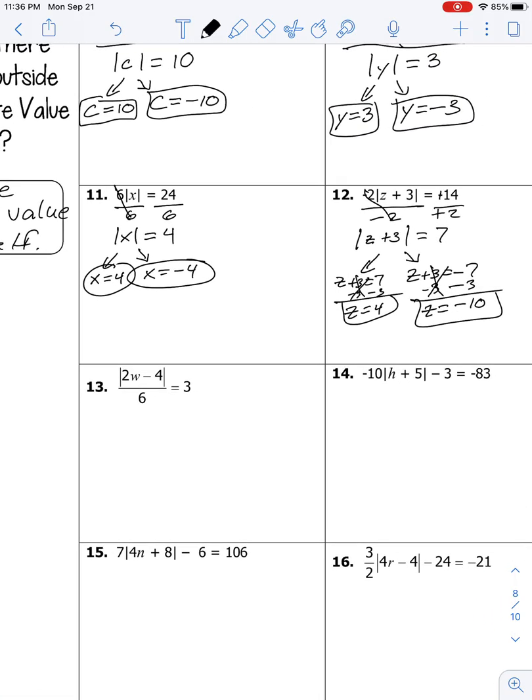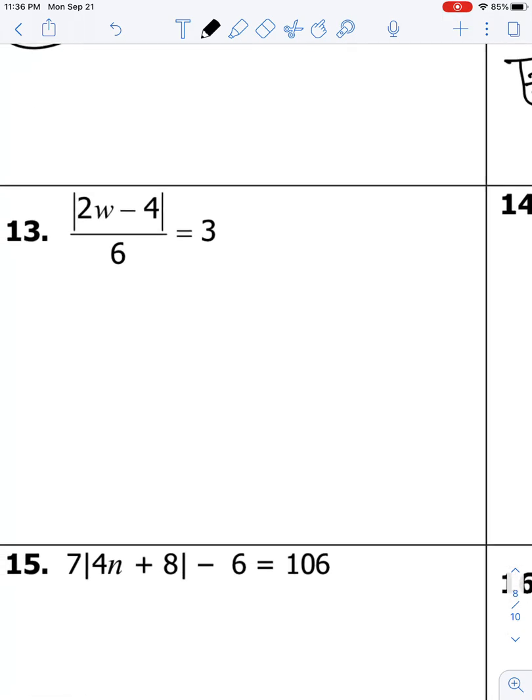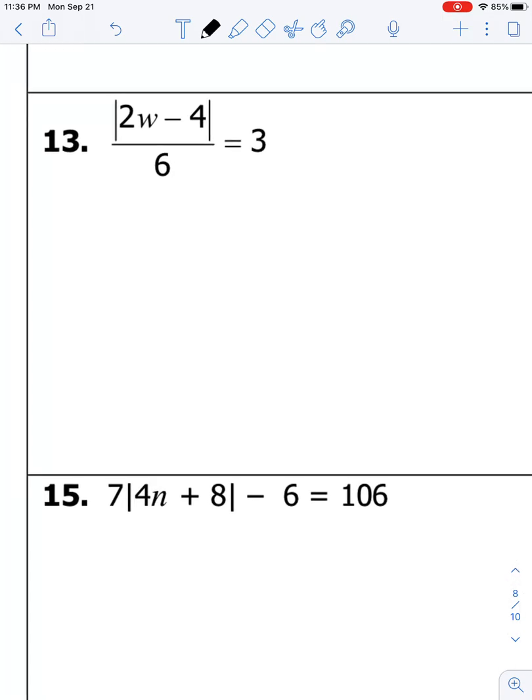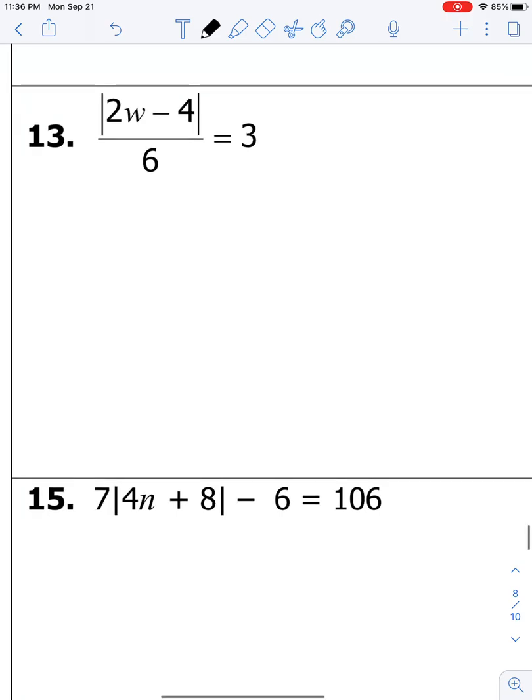All right, 13. So this takes us back a little bit towards the very first of the semester. So this looks hard, okay? You're like, holy cow, we have a fraction with an absolute value, but remember, it's not.